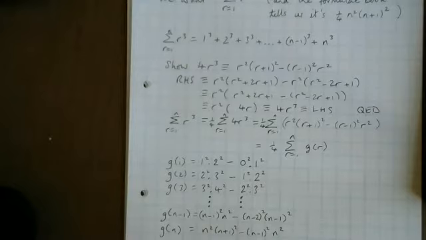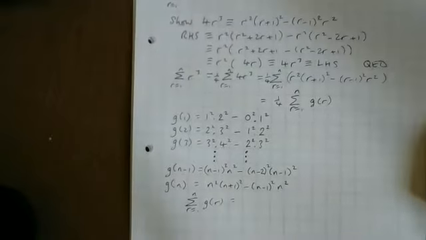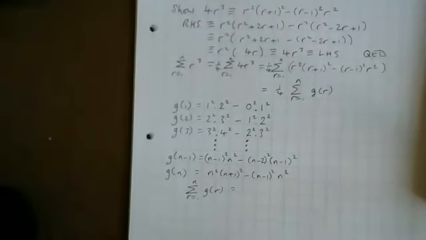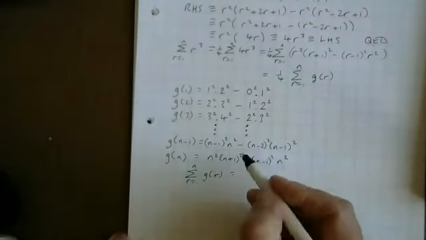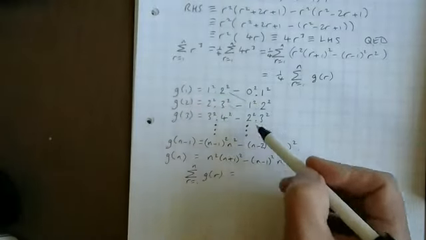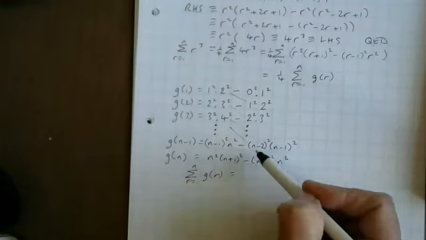Now, if we look term by term, we'll find that the sum from r equals 1 to n of g of r equals, this is going to cancel, this is going to cancel, this is going to cancel, this one here is going to cancel.